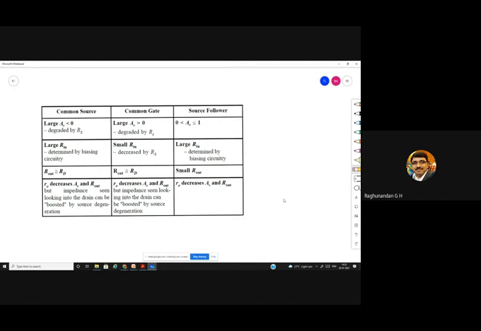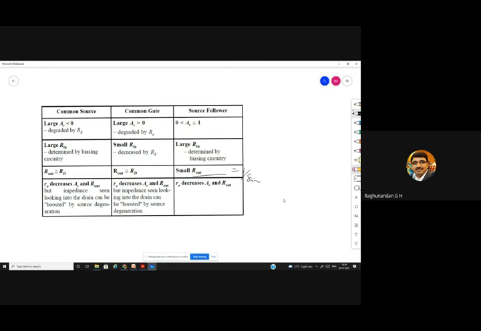Again in the source follower, since the input is given through the gate terminal, Rin will be large. In common source configuration, output resistance will be equal to Rd. In common gate, output resistance will be equal to Rd. In source follower, the output resistance is equal to 1 by gm, as we just saw, so Rout is considered to be small.